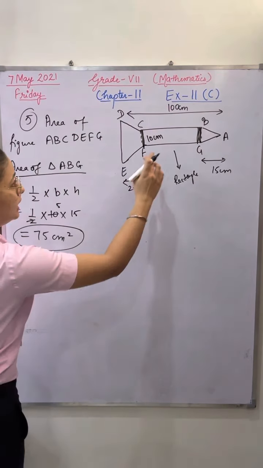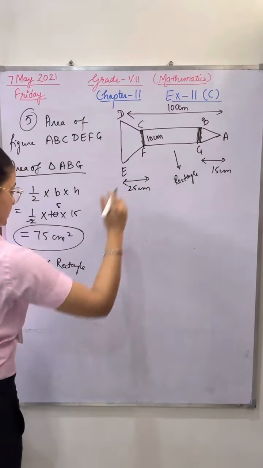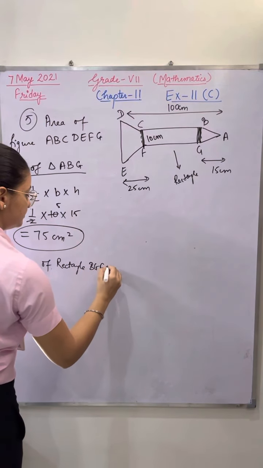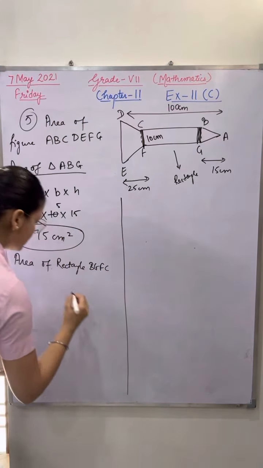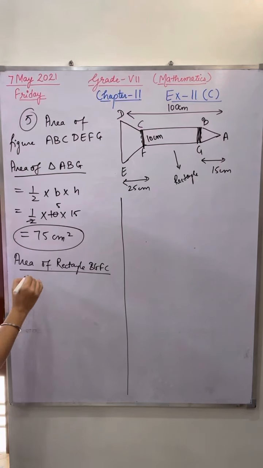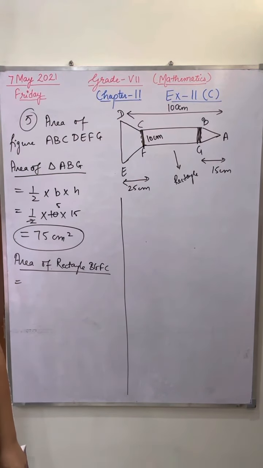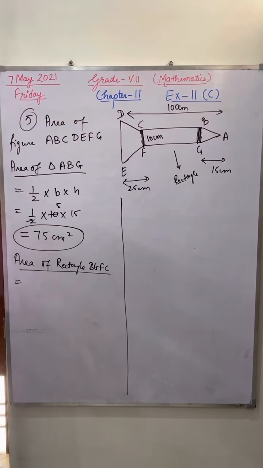Now, let's move to the area of rectangle, BGFC. Please tell me the area of rectangle. Some are saying breadth multiplied by height.